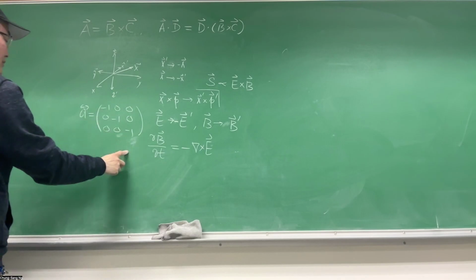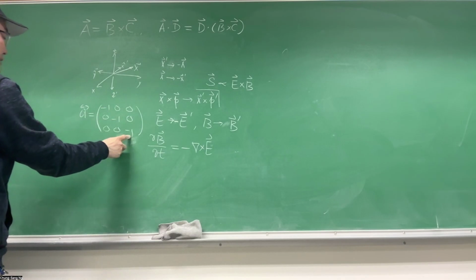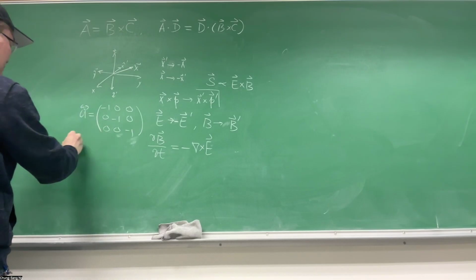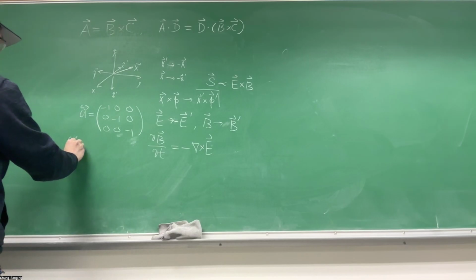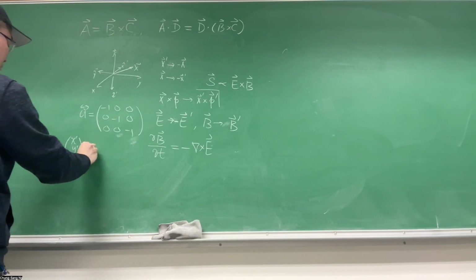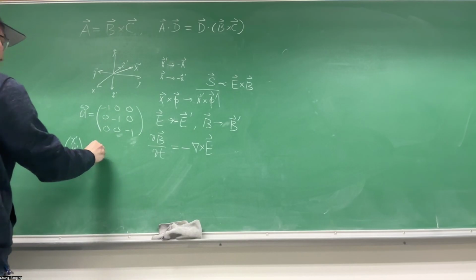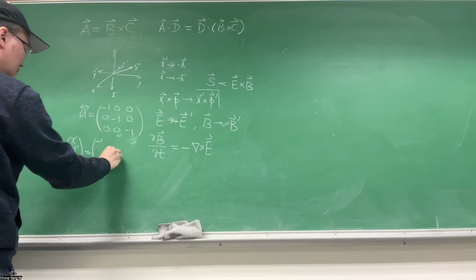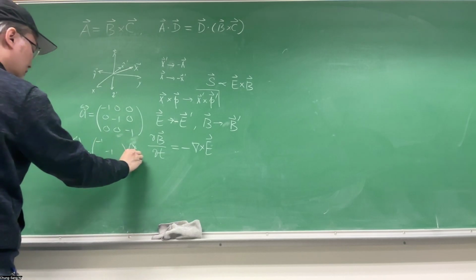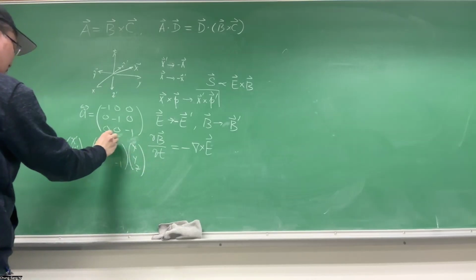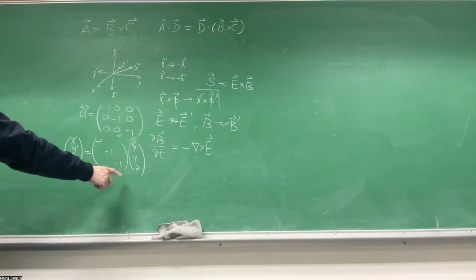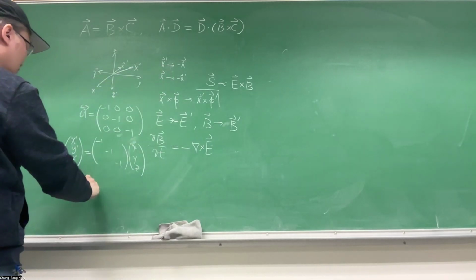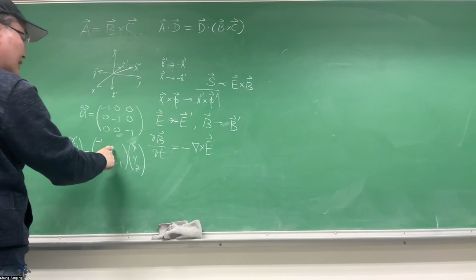The determinant is obviously minus 1, right? And so x prime, y prime, z prime will equal minus x, y, z, the rest is 0. This is the transformation, and that satisfies the transformation without the determinant sign.